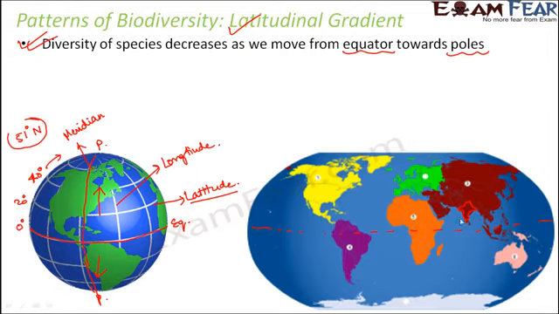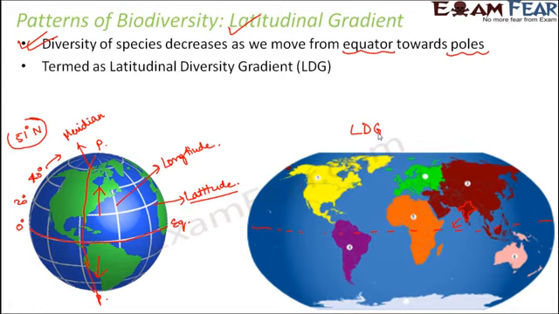So if you see, India is comparatively quite closer to the equator, and that is why India has a greater diversity of species. Now, this latitudinal gradient is often termed as LDG, where LDG is latitudinal diversity gradient.